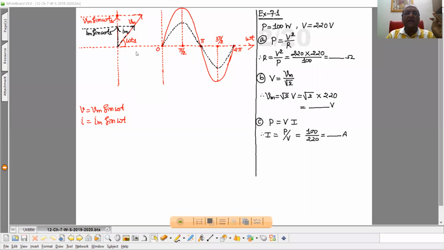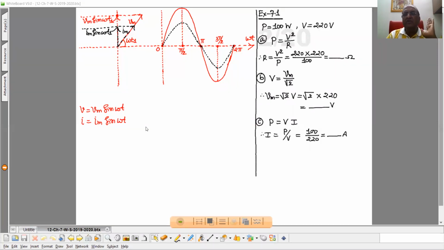So we have to represent the vector at an angle omega t1 with respect to the x-axis.